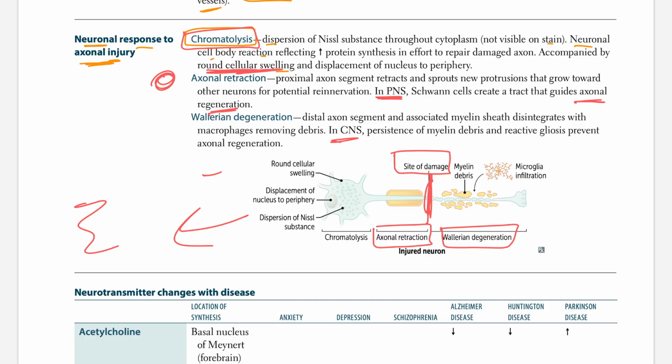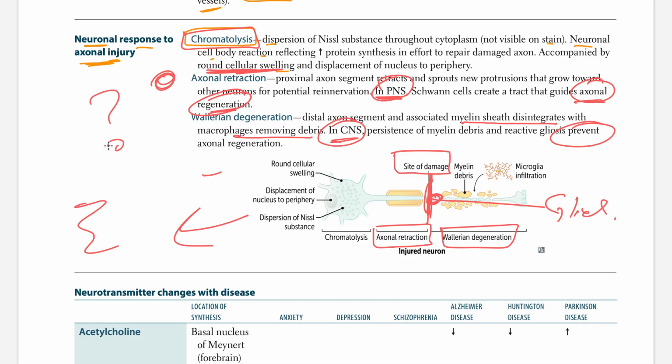Wallerian degeneration is that the whole myelin sheath disintegrates, and macrophages will come in and try to remove the debris, and there will be formation of glial scar by the astrocytes. And there will be no regeneration in the CNS, while in the PNS you had axonal regeneration.